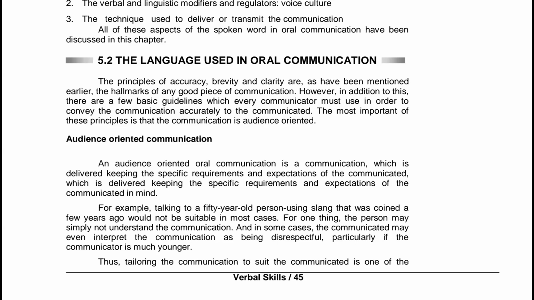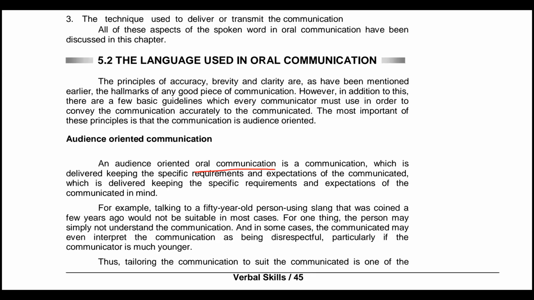An audience-oriented communication is a communication which is delivered keeping the specific requirements and the expectations of the communicated in mind. That is very important. I'll repeat what we mean by audience-oriented communication.